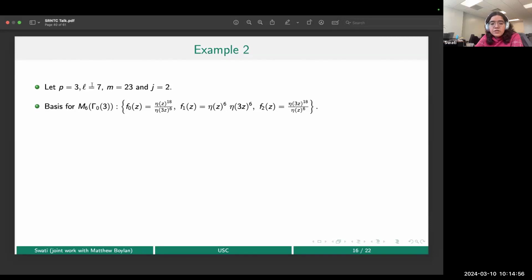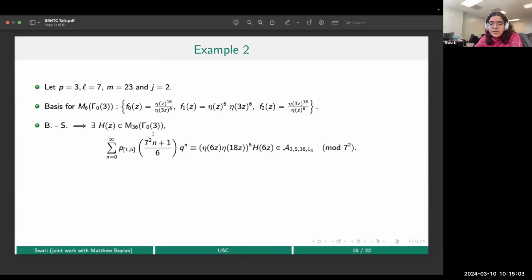Now, the space of modular forms of weight 6, level 3 is 3-dimensional. So we take these bases. By our first result, the generating function for this partition function, the denominator is 6 in this case, the D that I was talking about. So it is isomorphic to this eta quotient times a holomorphic modular form, and it lands up in this space.